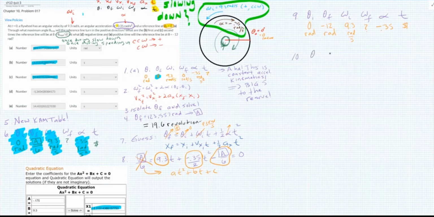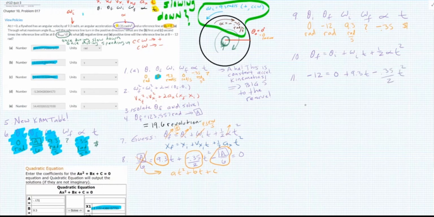Theta final equals theta initial plus omega initial times time plus 1/2 angular acceleration times t squared. That becomes: theta final is -12 equals theta initial, which is 0, plus 9.3 radians per second times time minus 0.35 over 2 times time squared.